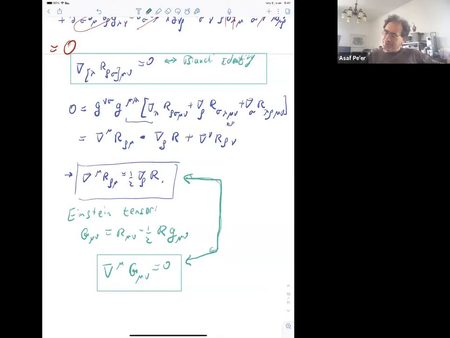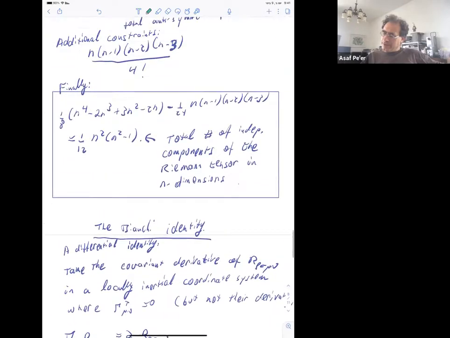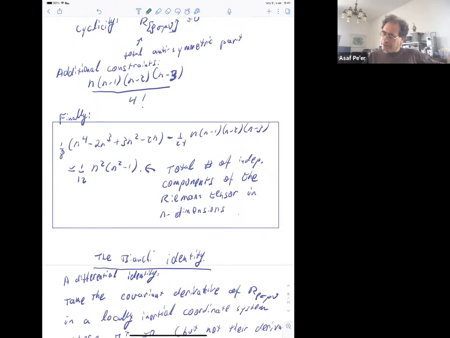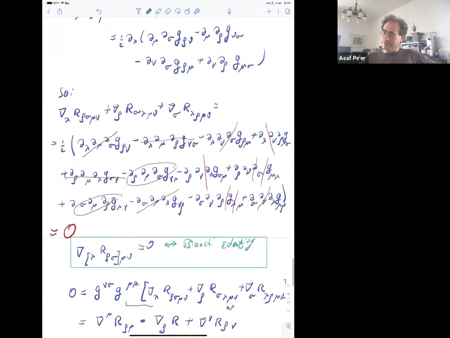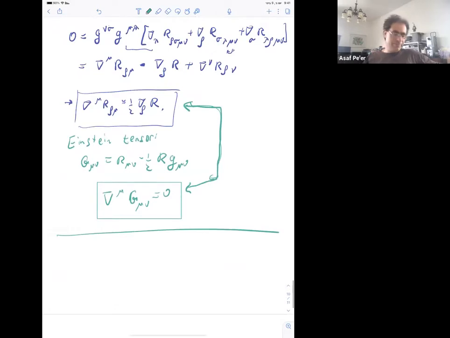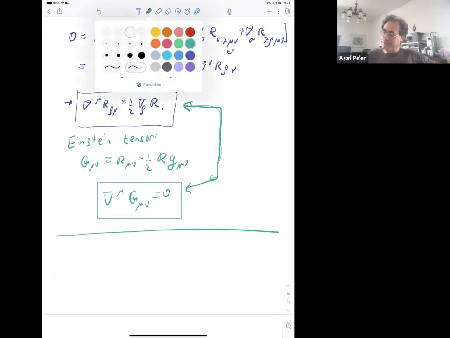Okay, let's go back to the Riemann tensor. How many degrees of freedom, independent components, does the Riemann tensor have in one dimension? Zero. So what does it mean? We're going to do a few examples now.